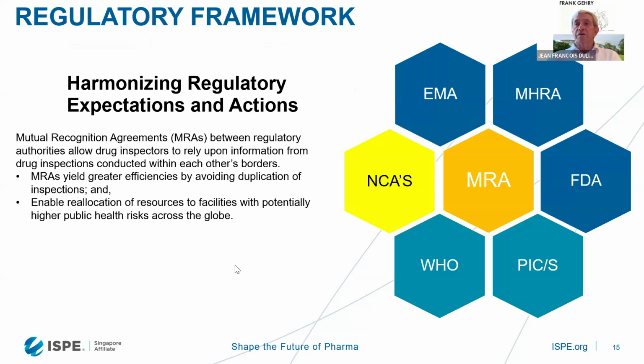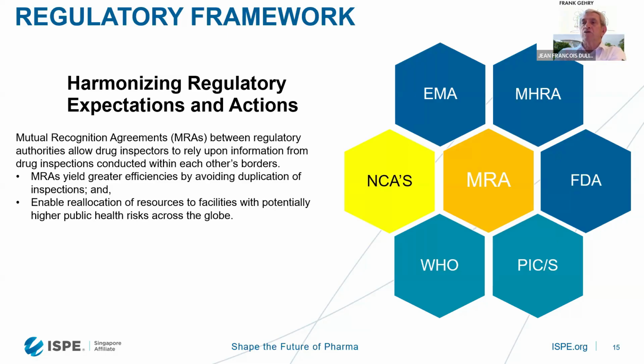Now, if we consider the organization of the framework of the regulatory, we start with what we call MRA, which is Mutual Recognition Agreement. These mutual recognition agreements are connection between two or several different regulatory agencies.